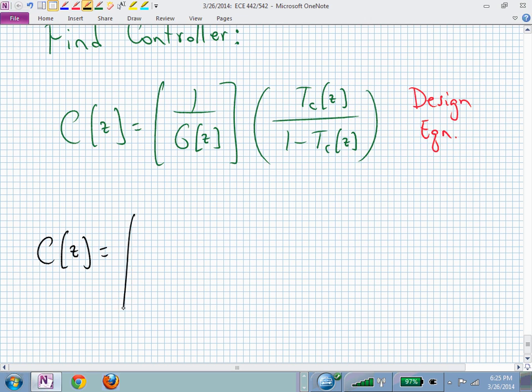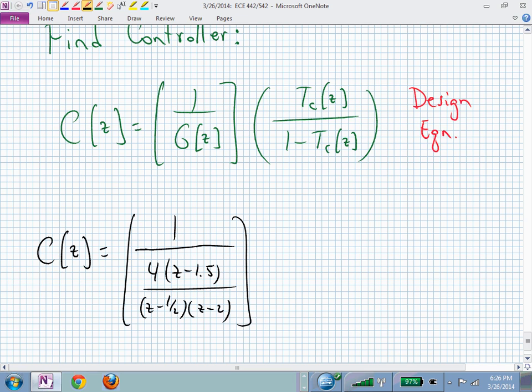So now c of z is 1 over g of z. Now I forgot what g of z was, but that was 4 times z minus 1 and a half over z minus 1 half times z minus 2. That's 1 over g of z. And then we have this ratio of ratios. T of z was 8 times z minus 1.5 over z squared, all over 1 minus that same expression.